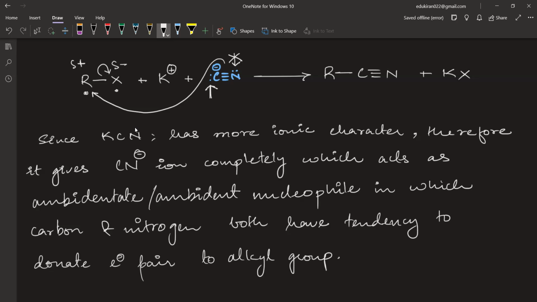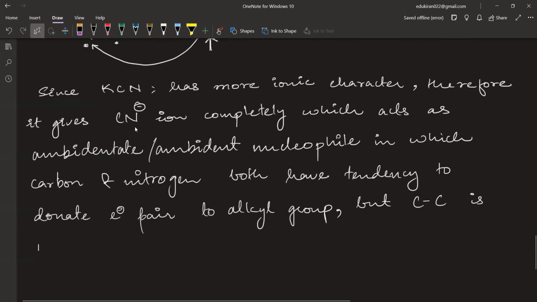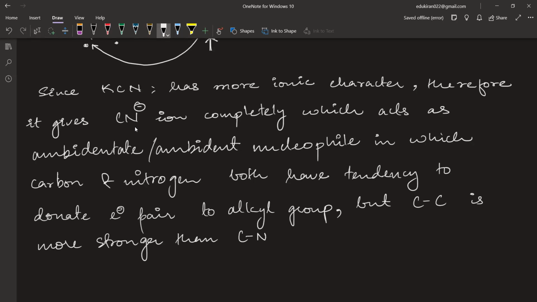No, that is the meaning of ambidentate nucleophile, two different atoms which can donate the electron pair. But carbon bond is stronger than carbon nitrogen bond. Therefore what will happen?